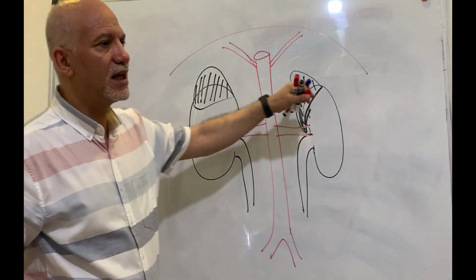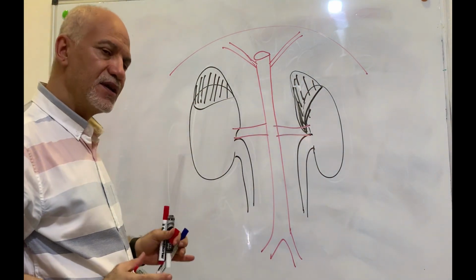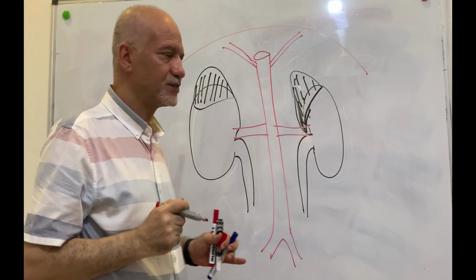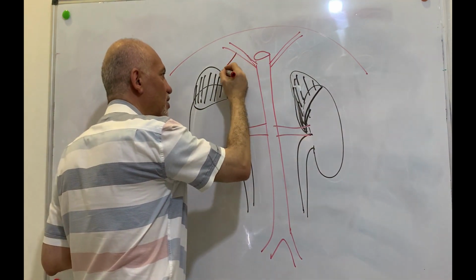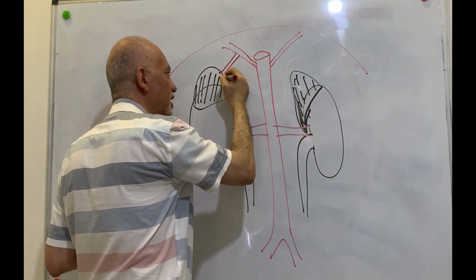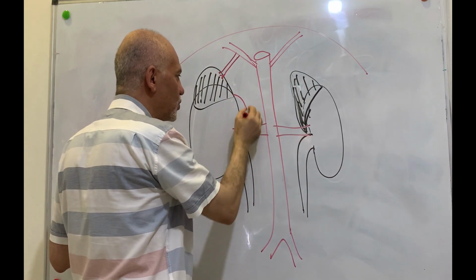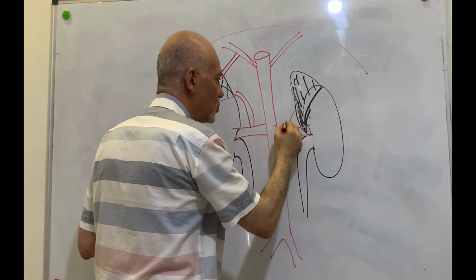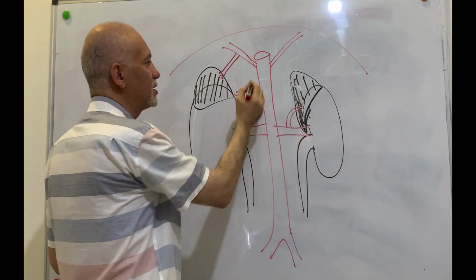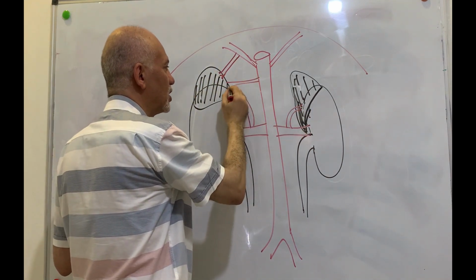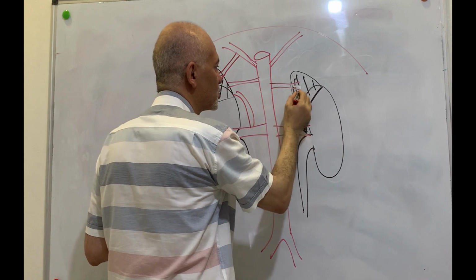The suprarenal gland, right and left, takes three blood supplies. Artery from phrenic called superior suprarenal, artery from renal called inferior suprarenal, and the artery direct from abdominal aorta called the middle suprarenal.